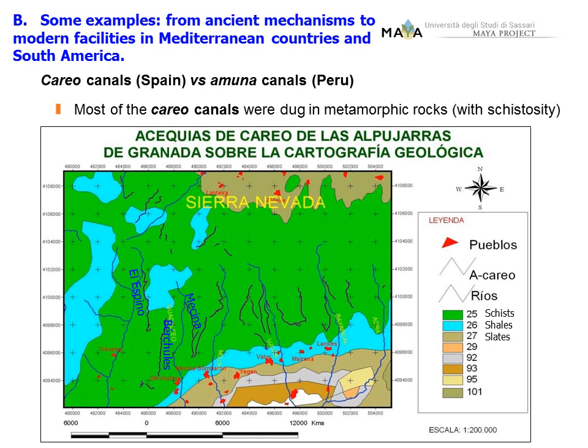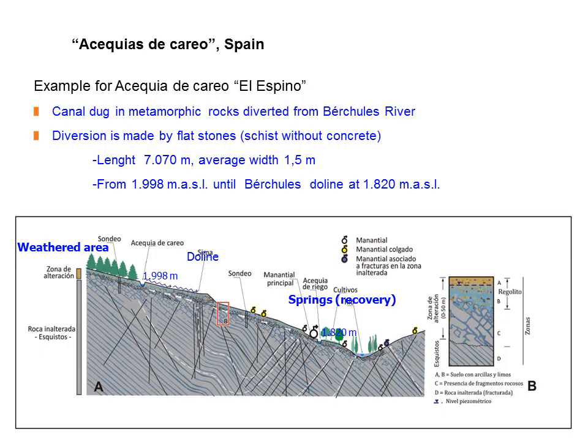As good ancient examples of water harvesting and managed aquifer recharge, it's good to compare the Careo canals in the south of Spain and the Amunas canals in Peru. Talking about the acequias de careo, it is a canal dug in metamorphic rocks diverted from rivers.